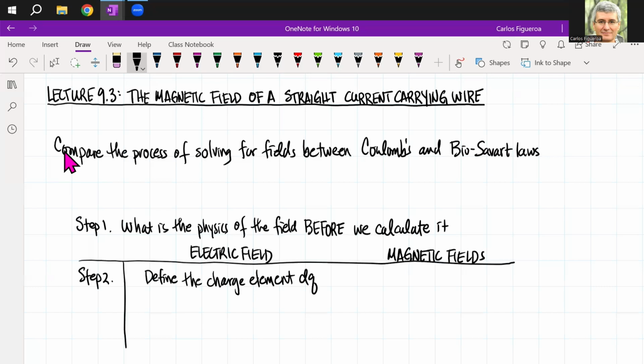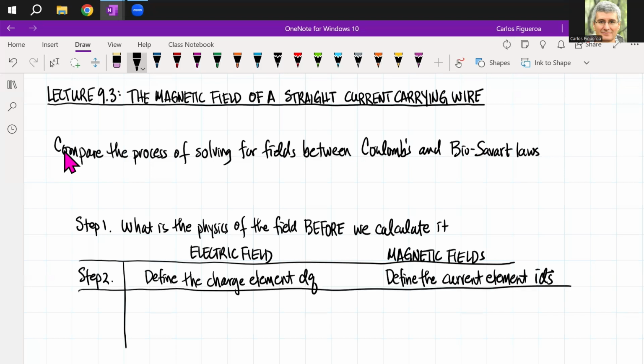I say the exact same thing for the magnetic field. The first thing we have to do for the magnetic field is define the current element, I ds. So that would be step two right there.